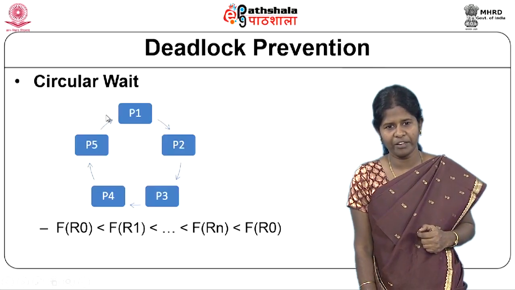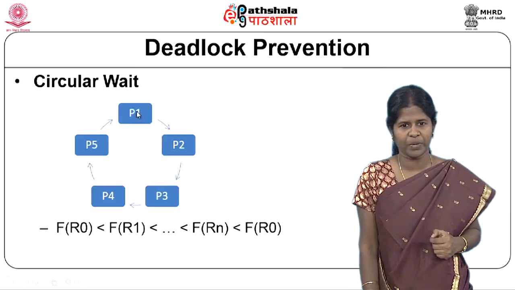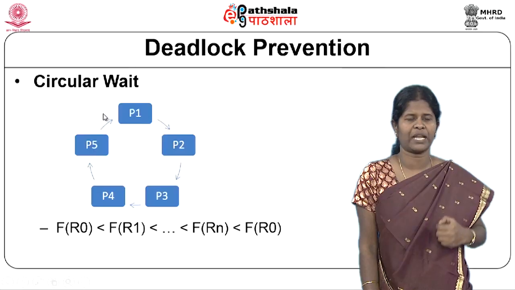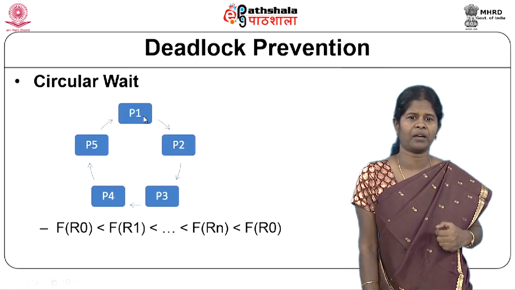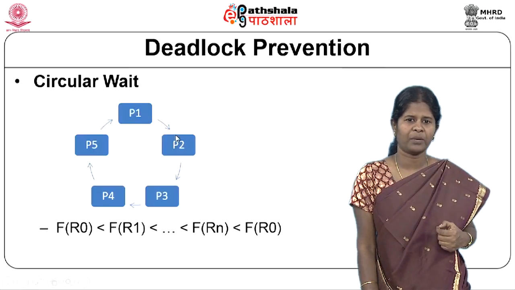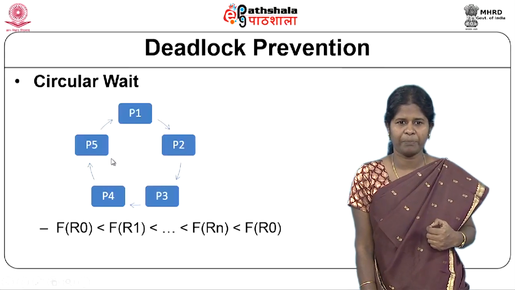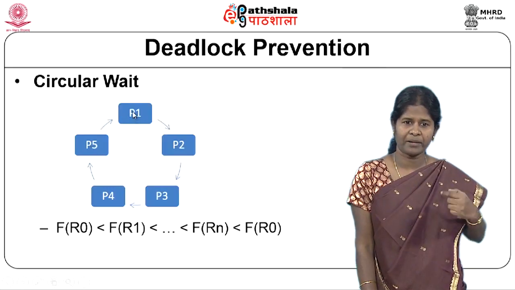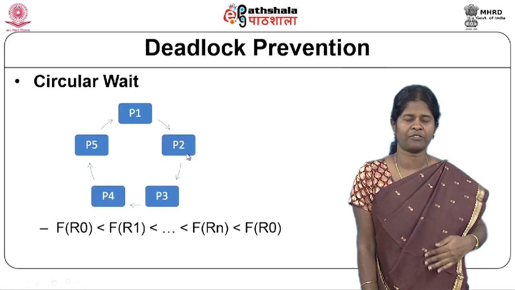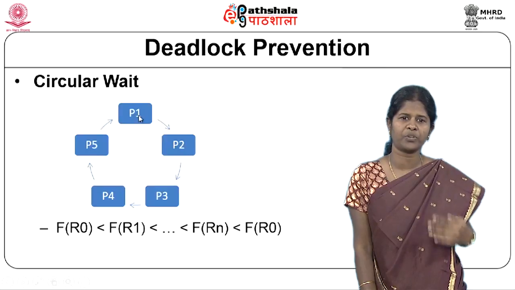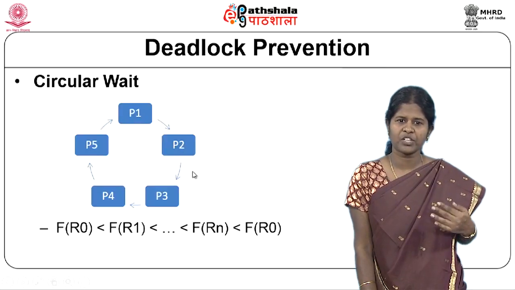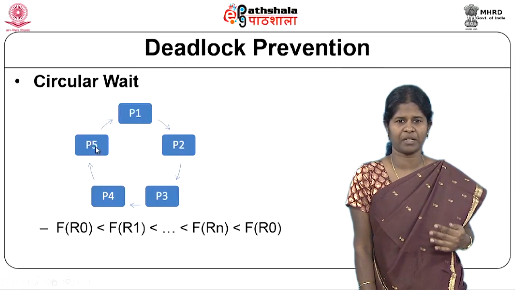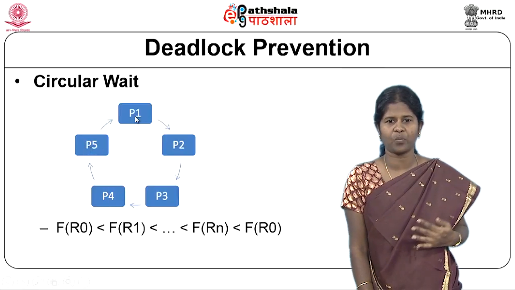You can see that P1 is waiting for a resource held by P2 and P5 is waiting for a resource held by P1. Say P1 is holding R1 and P2 is holding R2. P5 will be waiting for R1 which is held by P1, but P1 is requesting R2. So, R1's number should be less than R2's number, that should be less than R3's number, that should be less than R4's number, that should be less than R5's number, and that should be less than R1's number.